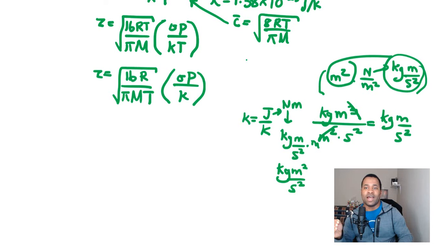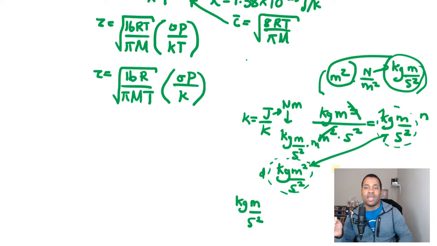Take note that we need to now combine these two together, because in here this is going to be the numerator and this here will be our denominator. So therefore, as a result, we have our numerator to be kilograms meter per second squared, and the denominator now is going to be kilograms at the bottom with meter squared, divided by seconds squared.